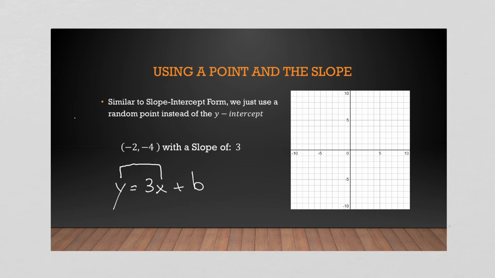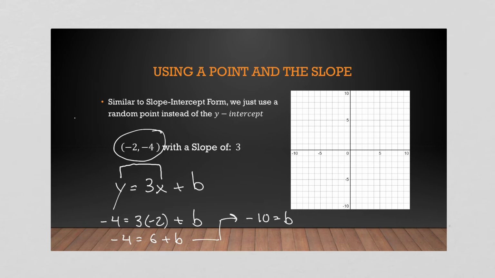So in order to figure out my y-intercept, we just sub in negative 4 for y and negative 2 for x, because that's what this tells us. This tells us that when x is negative 2, y is negative 4, and it exists on this line. Then we can solve for b. We get negative 4 equals 6 plus b, subtract 6 from both sides, and we get negative 10 equals b.